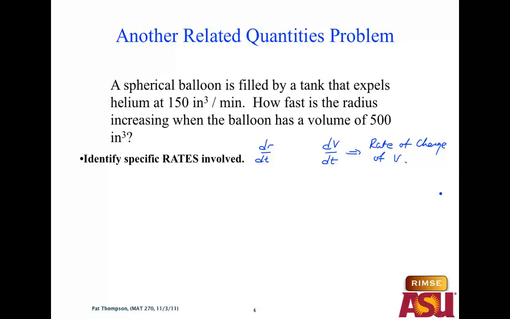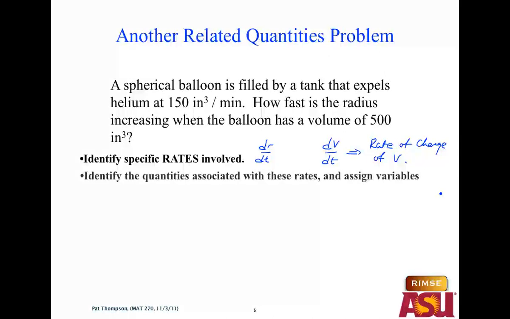Next, what are the quantities associated with these rates? What's the quantity associated with the rate of change of radius? This is the easiest step. The radius, right? The quantity that's changing is the radius. And then this one is volume. So I've already assigned variables, r and V.